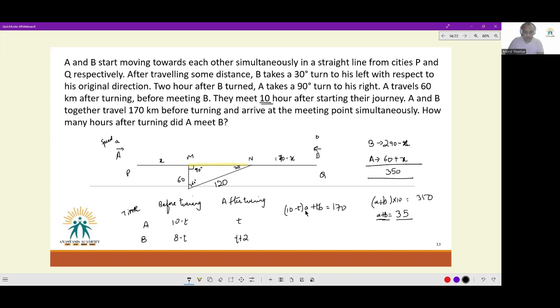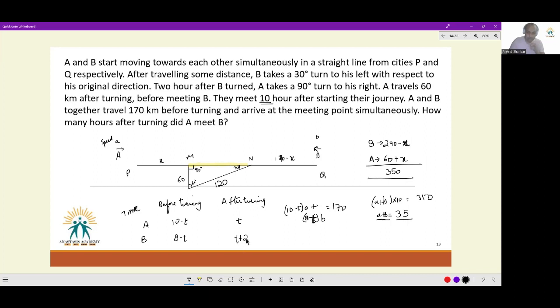Alternately, before turning, 10 minus t into A and 8 minus t into B is equal to 170. One equation.